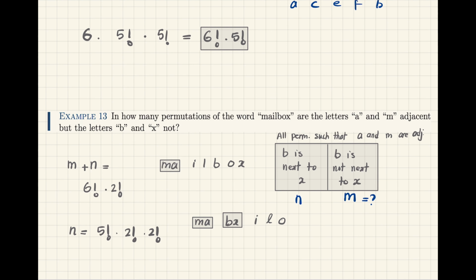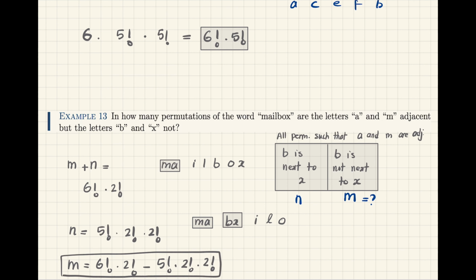Okay, so it is clear from this equation that M is the total number minus N. This becomes 6 factorial times 2 factorial minus 5 factorial times 2 factorial times 2 factorial. This cannot be simplified further in factorial form, so let us keep it this way.